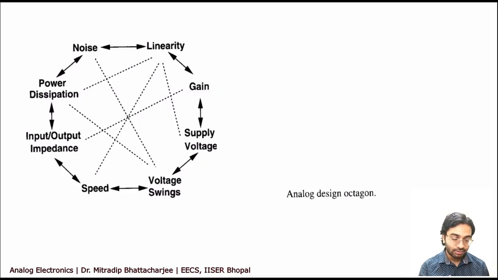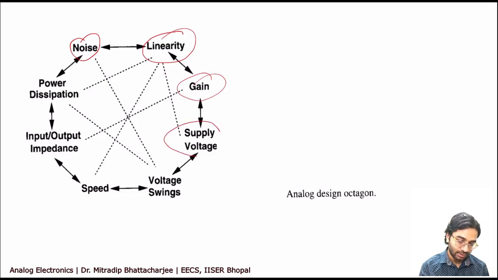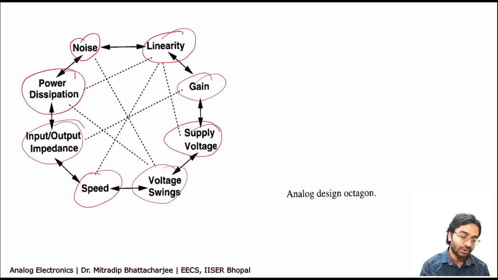Okay, so this is what I was saying for long, a multi-dimensional trade-off. Noise, linearity, gain, supply voltage, voltage swing, speed, input-output impedance, power dissipation, all are connected. So it is known as the analog design octagon. You change something, this will change something else.